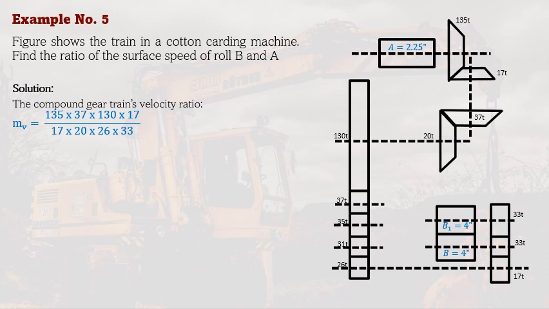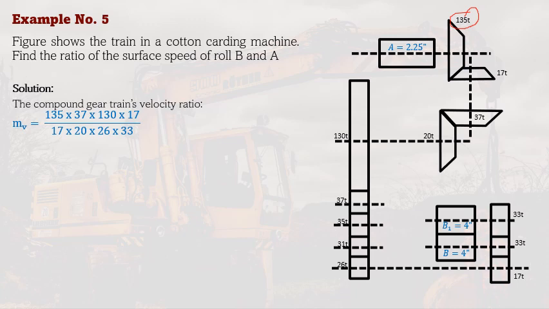For the drivers, if you look at it, we have the input at roll A. Our drivers are the 135 teeth here at the top, which drives the 17 tooth gear.